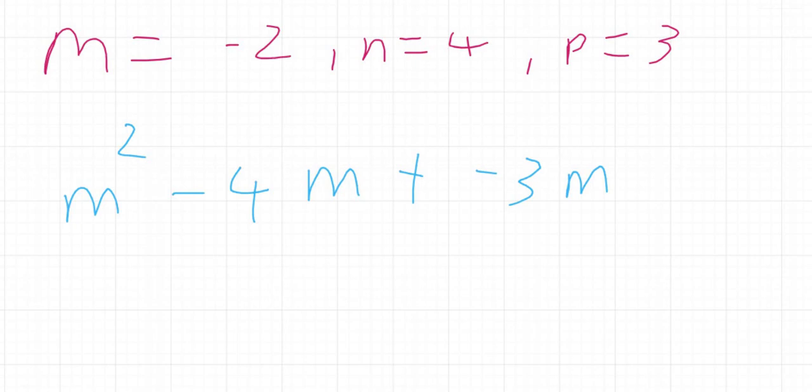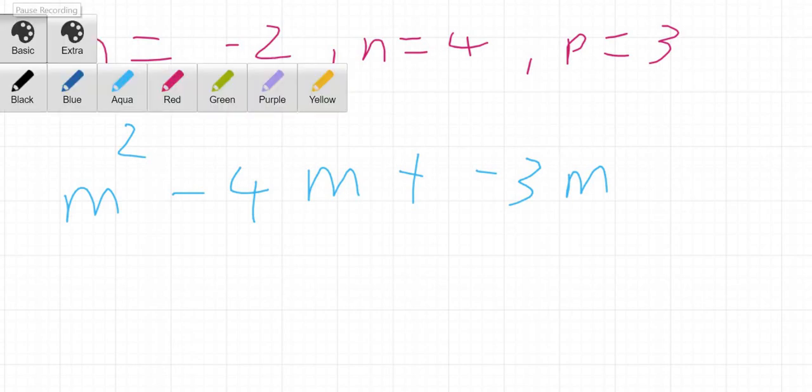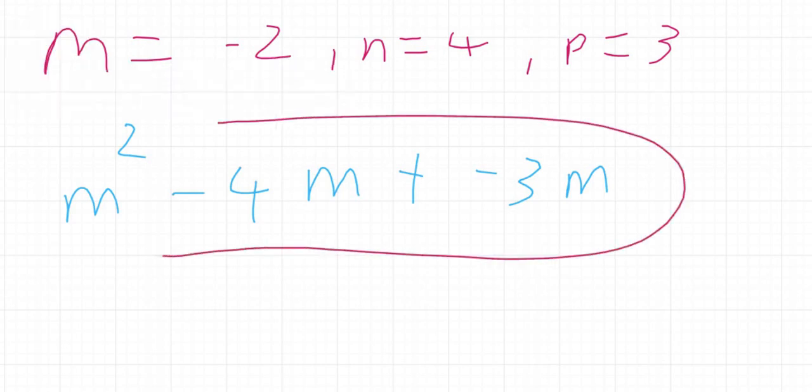I will substitute the values. We just have m in this expression. We could group the like terms and evaluate them, or we could simply substitute the value of m into the expression.